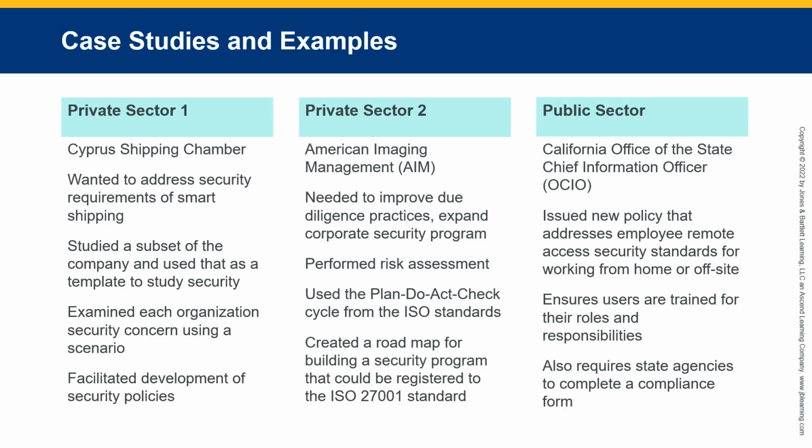Private sector case study number 2. During an internal review, American Imaging Management, AIM, decided it needed to improve its due diligence practices. AIM decided to expand its corporate security program. The company began by performing a risk assessment on its current security program.